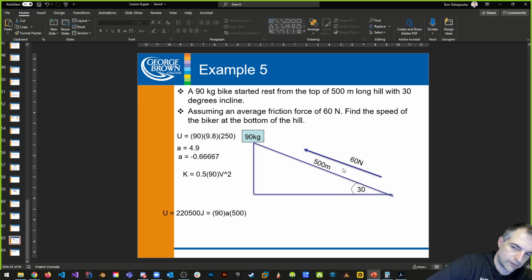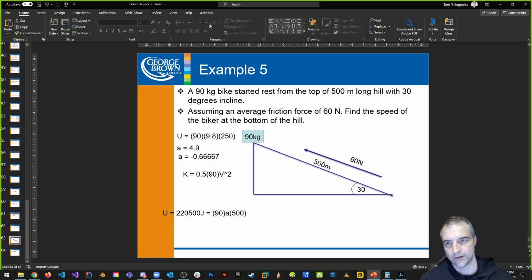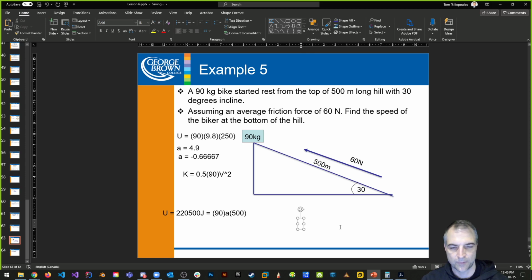That's the work, and that's also expressed in joules. So that's another way to think about it. Let's think about that one. If I say, okay, 60 newtons, that's the force. And again, this is the angle that I'm applying to, so I have to keep in mind cos theta here.